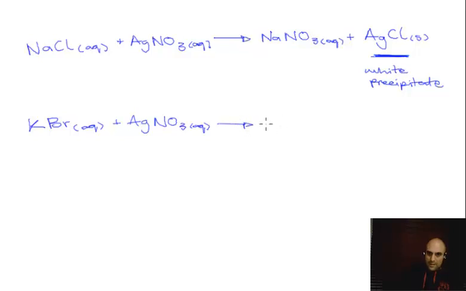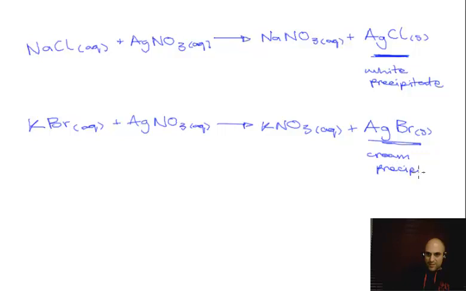This time I'm going to get my soluble potassium nitrate and an insoluble silver bromide. This is a, what did we call it, a cream precipitate, cream color. It's not actually cream.